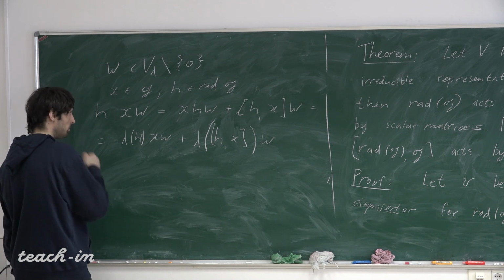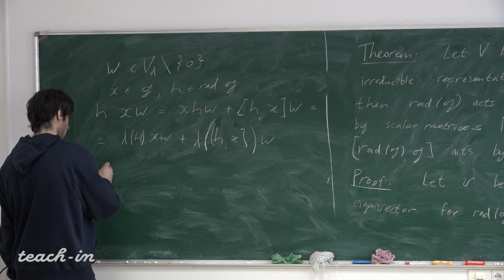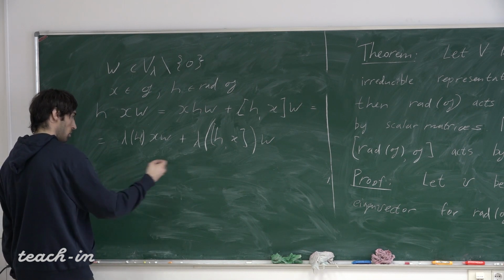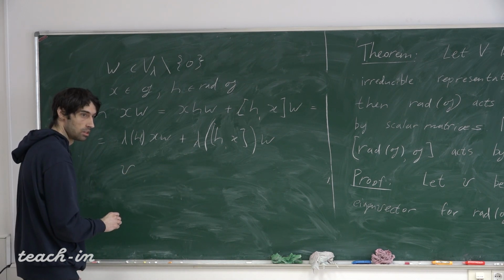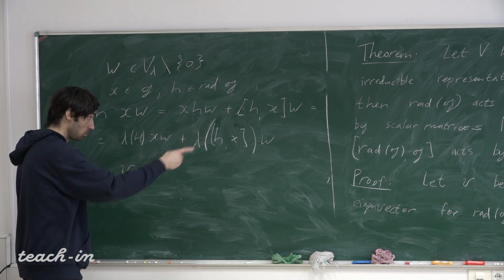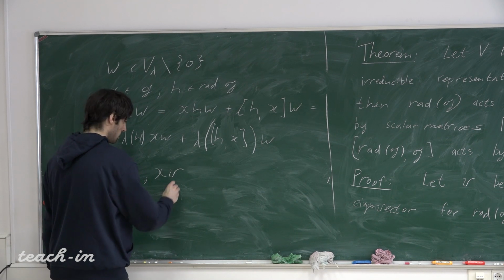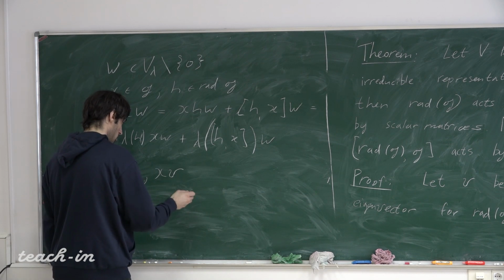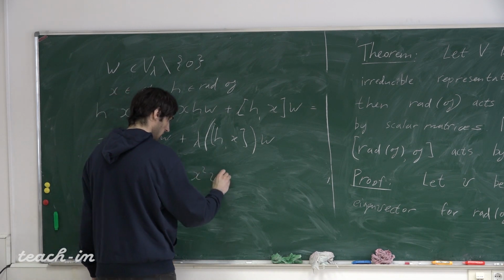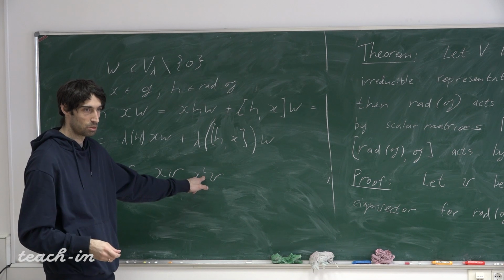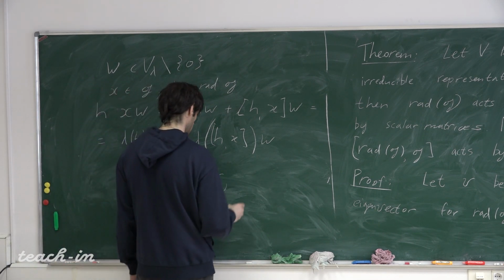For that, let me form a sequence of vectors. Let me start with V, which is this V over there, and then apply X. So then X squared, and so on.